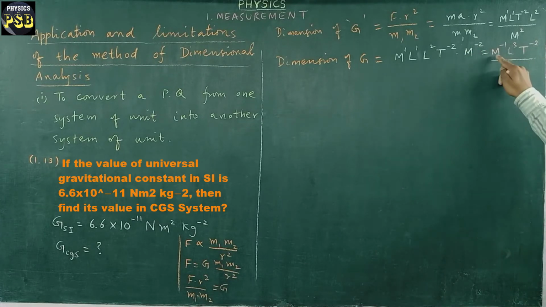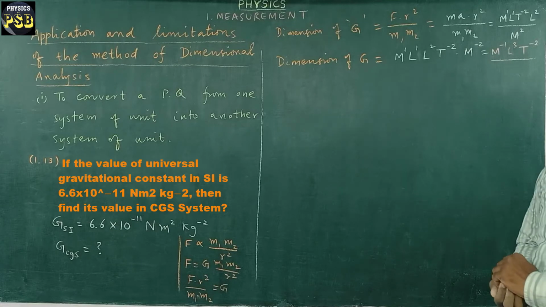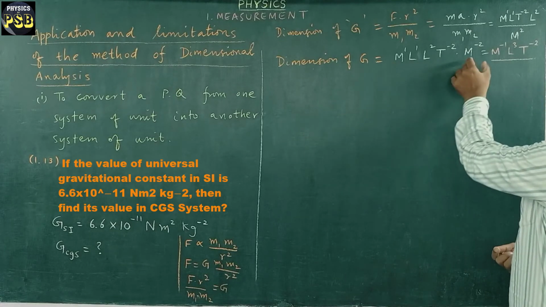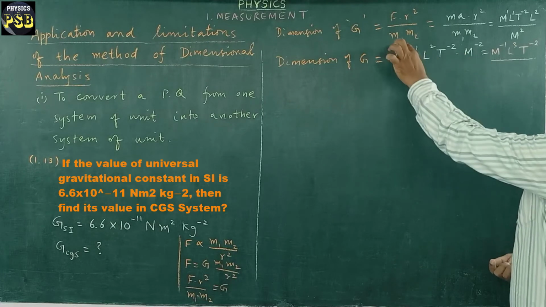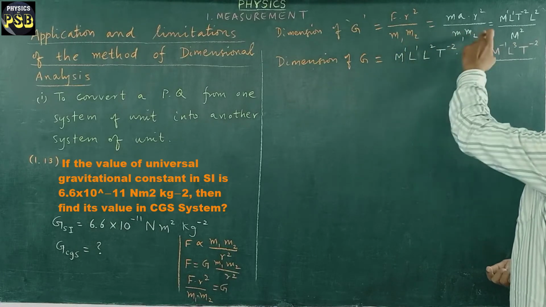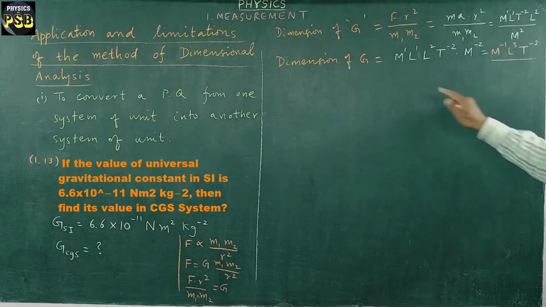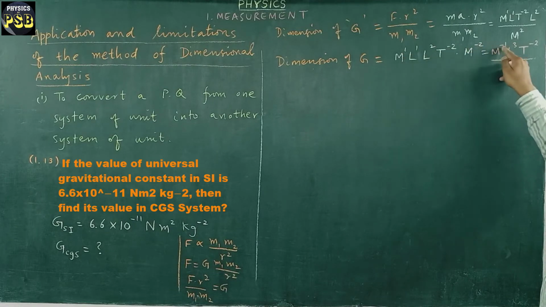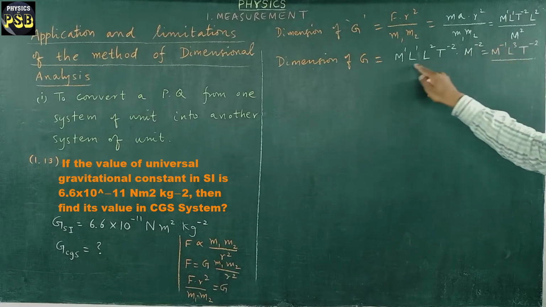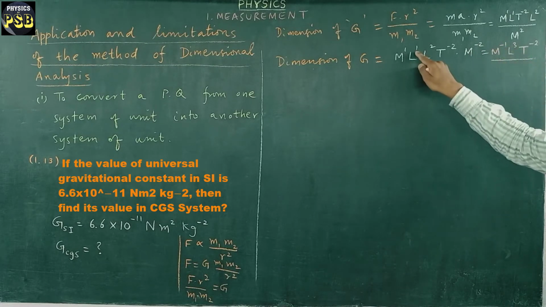Now how do we get the M power minus 1? I told you earlier, when we multiply two terms of the same type having different powers, in such a case we add the power. So 1 is added with the minus 2. What do you get? Minus 1. And here when we multiply, we add the power.